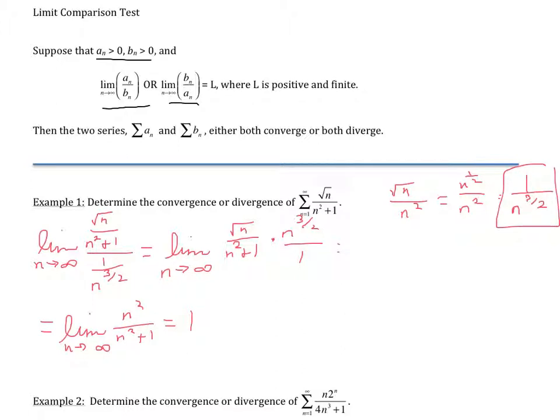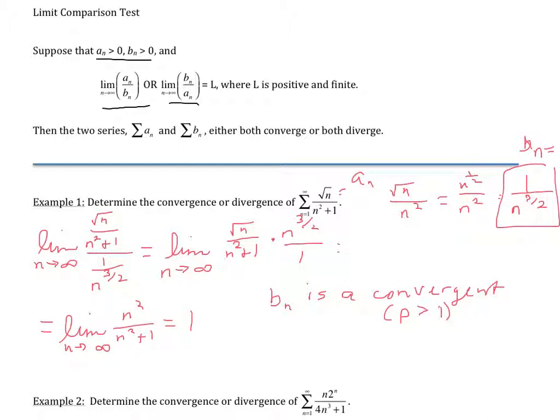So you just need to determine what 1 over n to the 3/2 does. I'm going to call this b sub n and let the one I was given be a sub n. So b sub n is a convergent p-series because p is greater than 1.